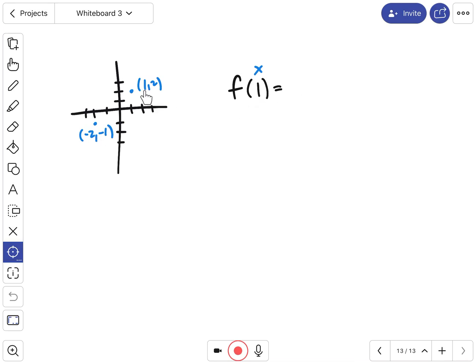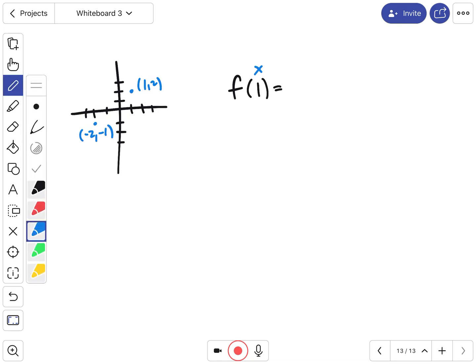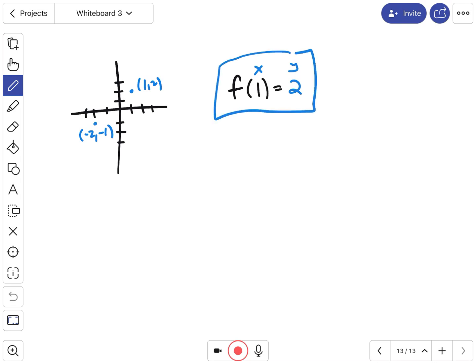It's right here, and the y value is 2. So you could put a 2 here, because that's the y value. It's basically like filling in the blank. You could also do, for this point over here, f of negative 2 equals negative 1. Again, that's giving you the x and the y from this point.